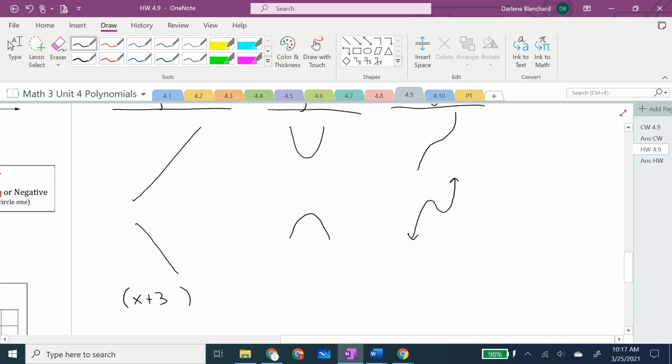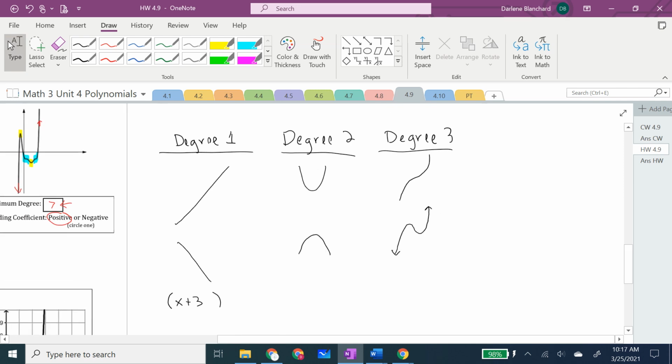If I have a degree 2, I have two linear factors. Maybe it's x plus 3 and x minus 1. Again, I'm just making it up. If I have degree 3, I have three linear factors. Maybe it's x plus 3, x minus 1, and x plus, I don't know, 5.